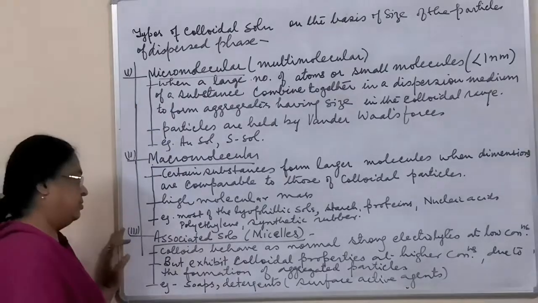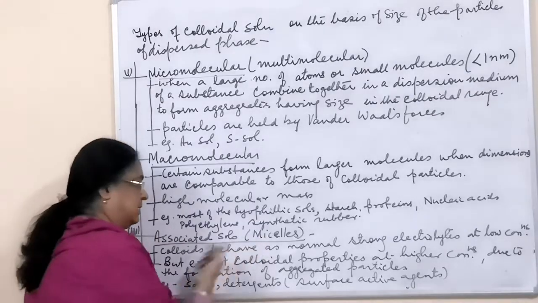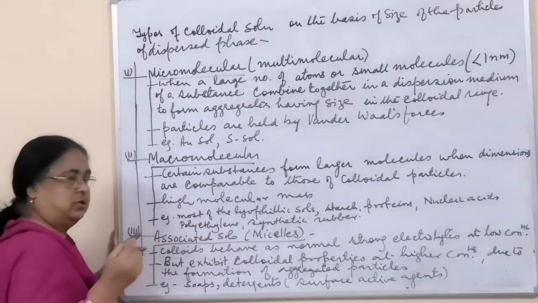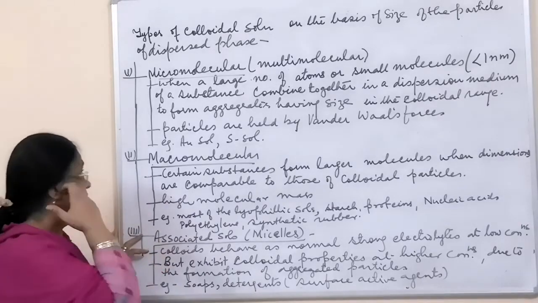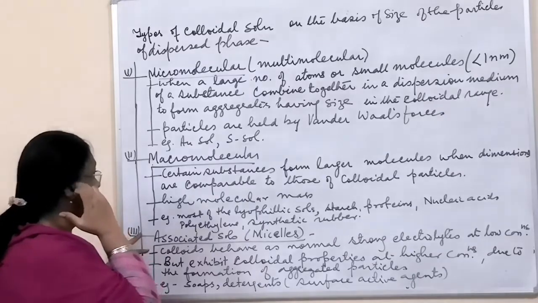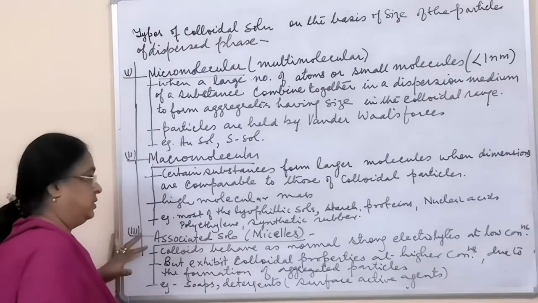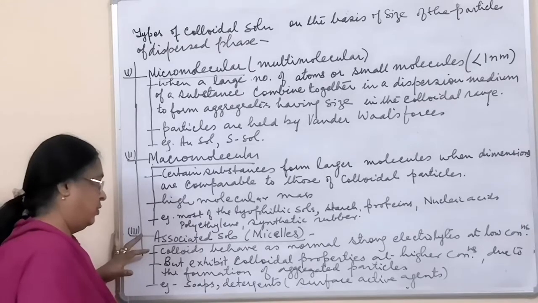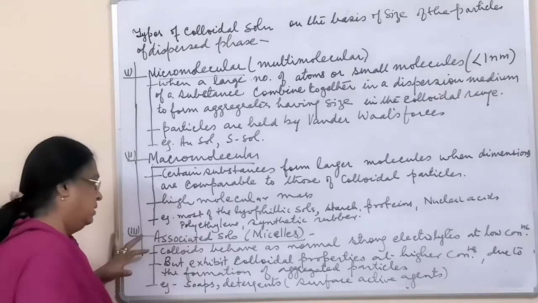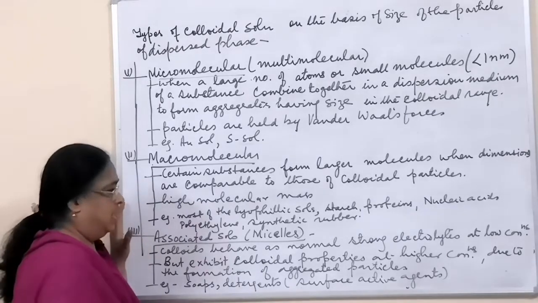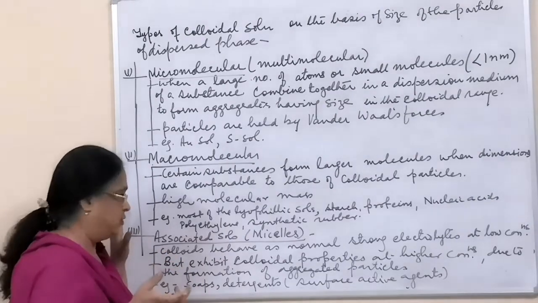Then the third kind is associated sols. These are also called micelles. These are normal strong electrolytes when they are in little quantity, when the concentration is low, when the dispersed phase is very much less than the dispersion medium. So if the concentration of the dispersed phase is low and it is ionic, then it will be like your electrolytic solution, a true solution.